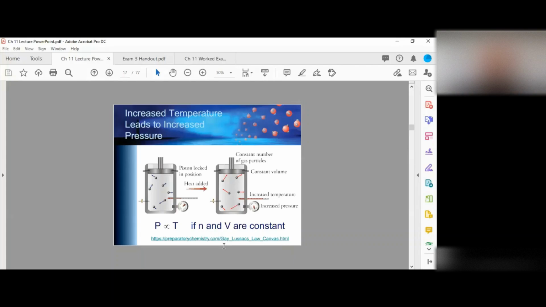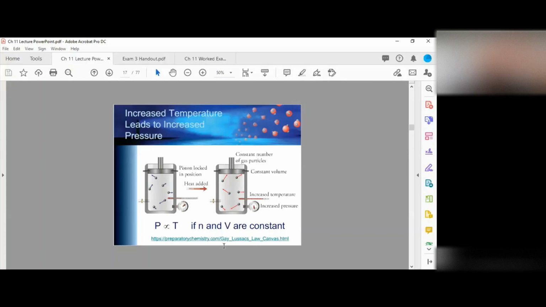Let me use the same justification that I used for Charles' law, why the volume is increased when temperature is increased. In Charles' law, we said increasing temperature will increase collisions, and those molecules will get farther apart from each other. Therefore, they will occupy a larger space, larger volume.